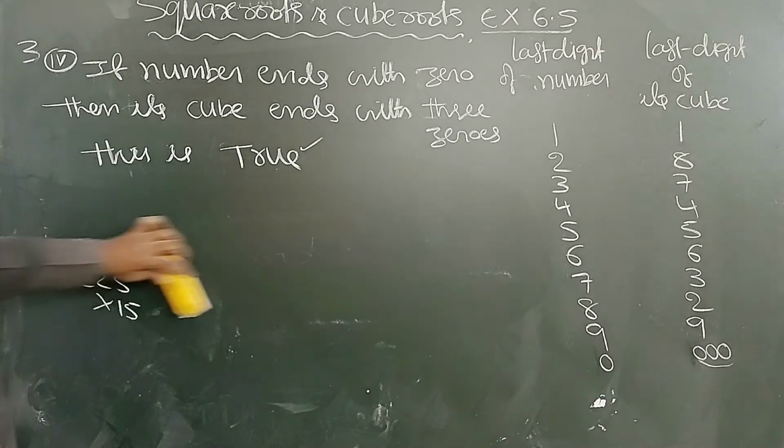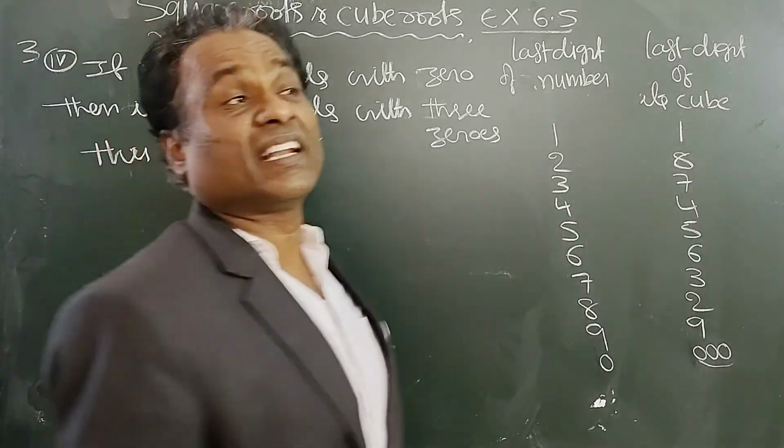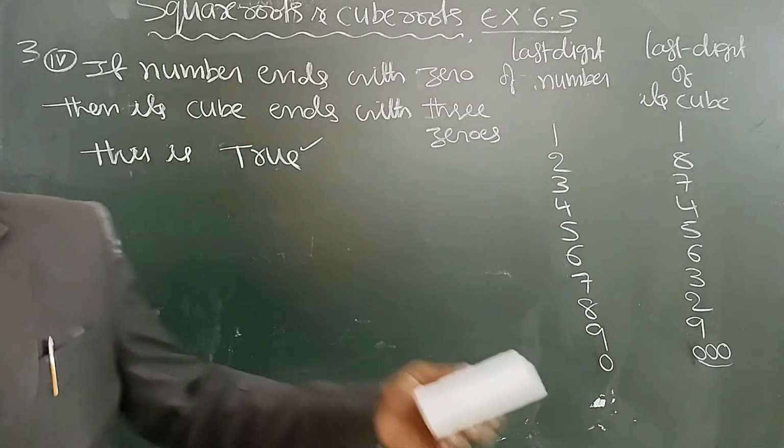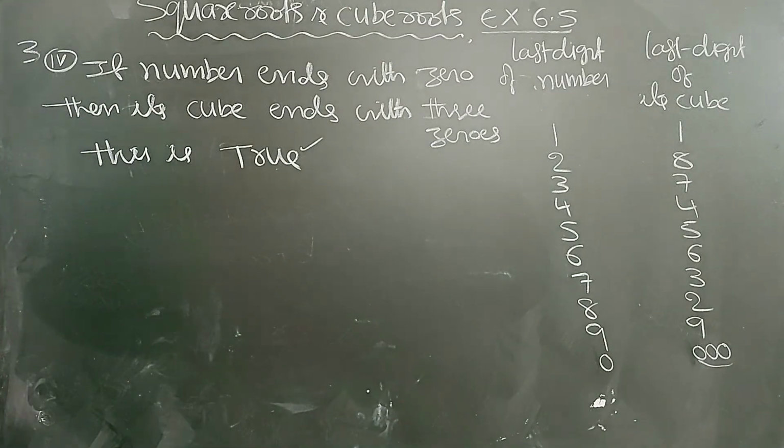Students, write the fourth question from the textbook and read it and understand it. Just now we studied, I explained, if a number ends with 0, its cube will end with 3 zeros, correct?